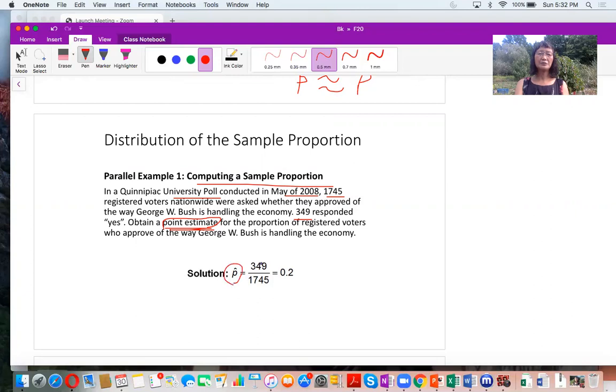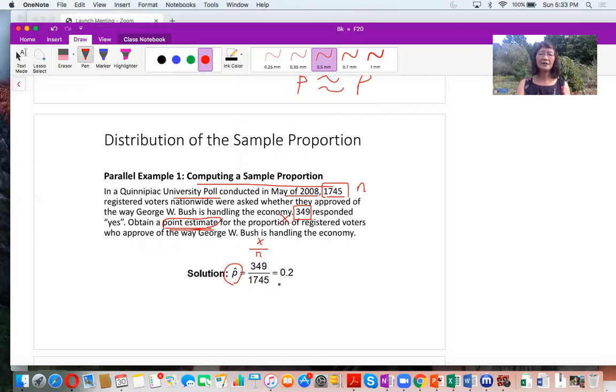P-hat equals X over n. X is the number of individuals having some characteristic. In this example, X is 349, they said yes. And how many total people were surveyed? 1,745, that is n.